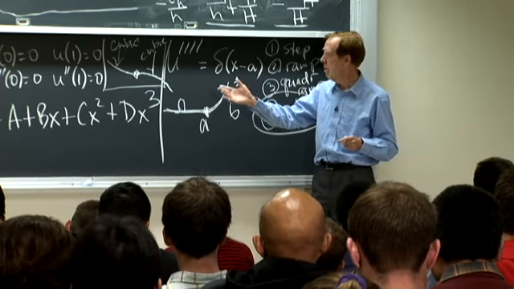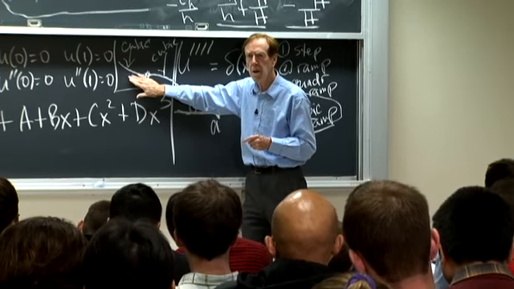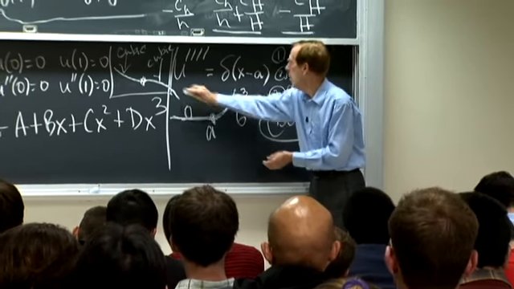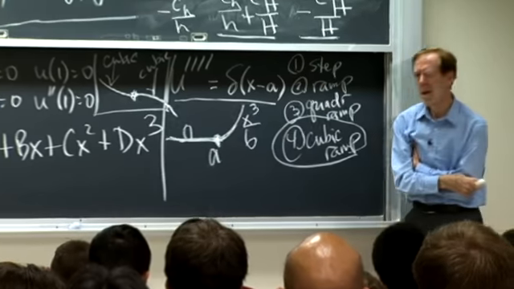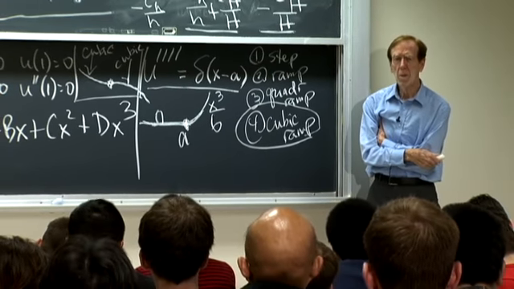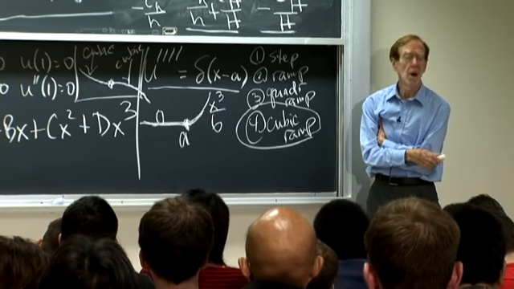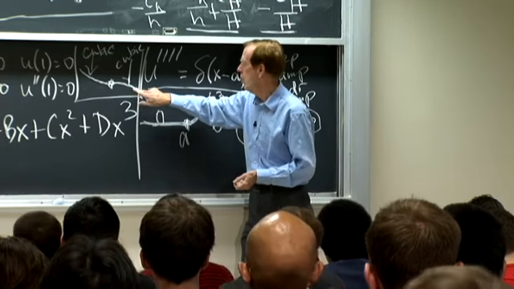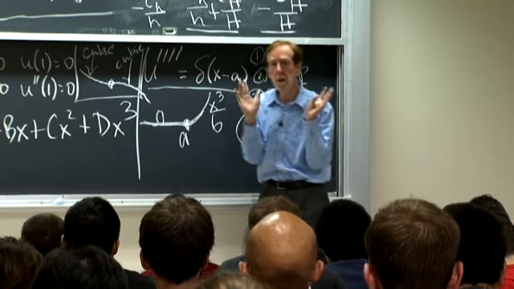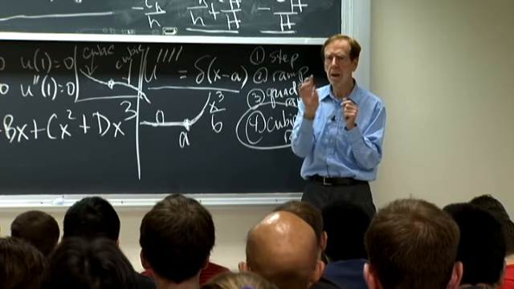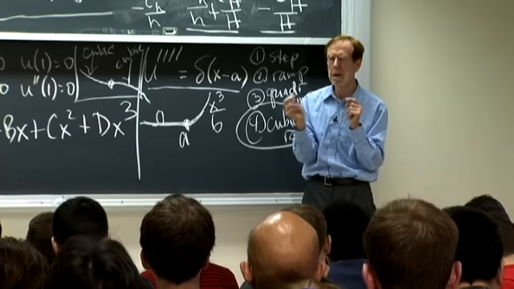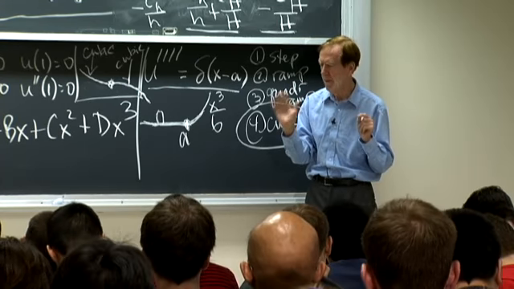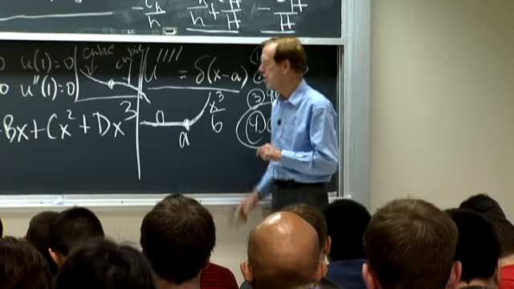What's our differential equation if I look here? U fourth equals 0. The delta function is 0 there. And U fourth is 0 here. So of course, this is a cubic spline. We're meeting that neat word, cubic spline. And those turn out to be very, very handy functions for other things too.